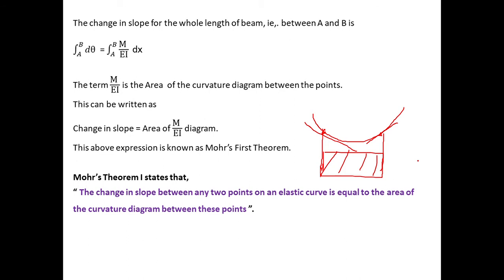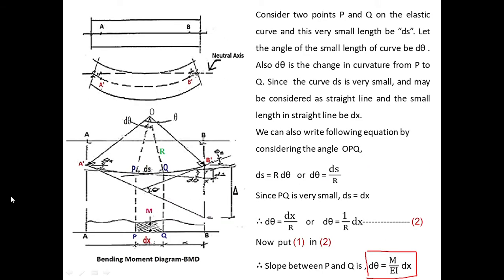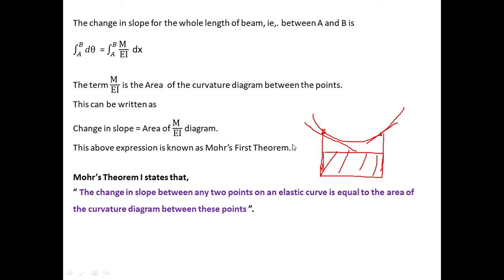This is Mohr's theorem 1. Suppose we want the change in slope between A and B, that is for the entire beam, what do you have to do? The entire area has to be calculated. The entire area of the M by EI diagram, this curvature diagram, will give the change in slope between A and B. So if you want the change in slope between any 2 points, the area between those 2 points in the M by EI diagram will give the change in slope, right?